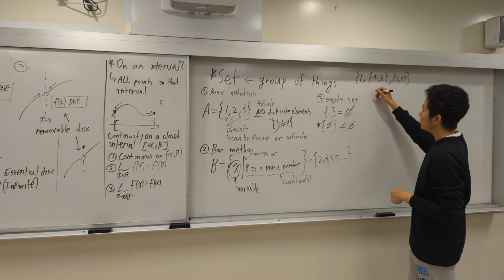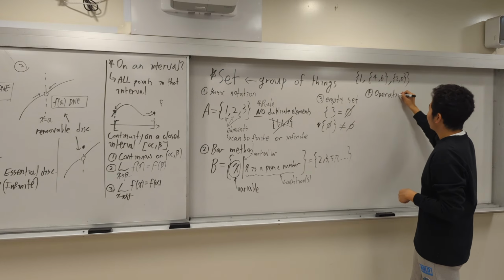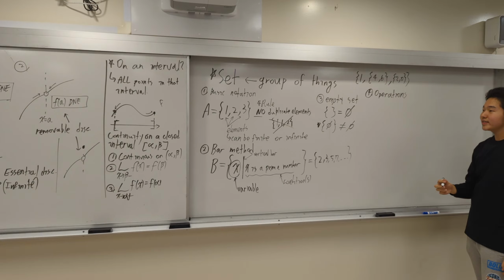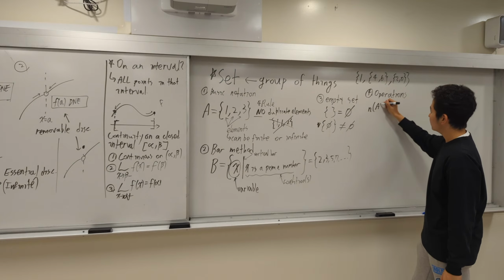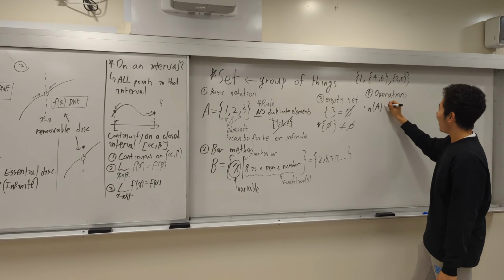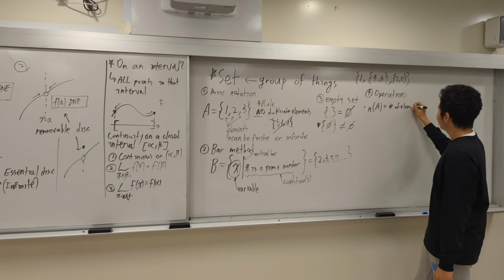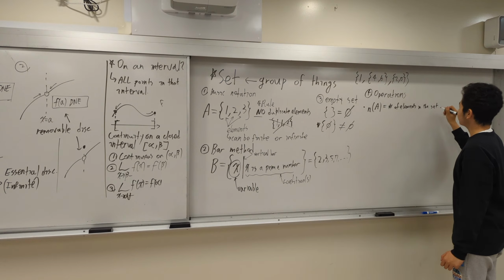I know I'm throwing a lot at you, but it's good to know these things. The most basic operation, I think, would be the number of elements operation. So n of A equals the number of elements in the set. Okay.